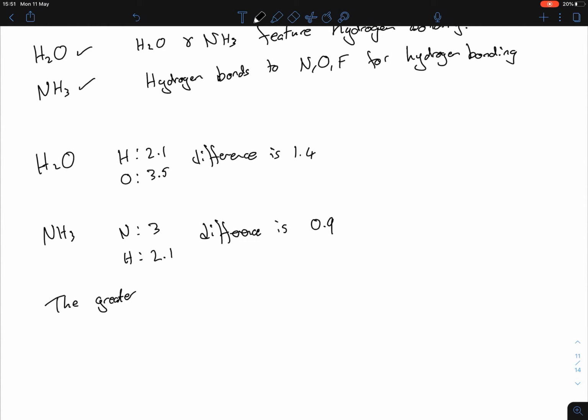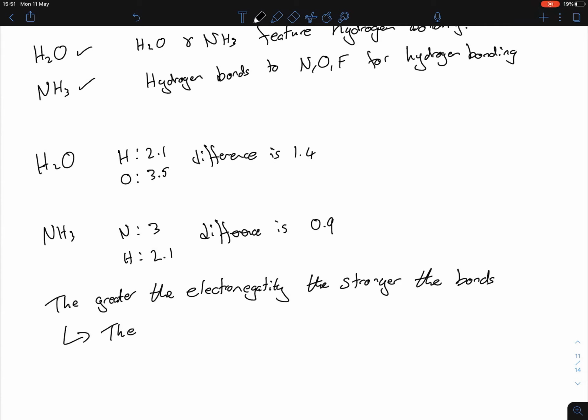So the greater the electronegativity difference, the stronger the bonds, therefore the higher the boiling point. The stronger the bonds, the higher the boiling points.